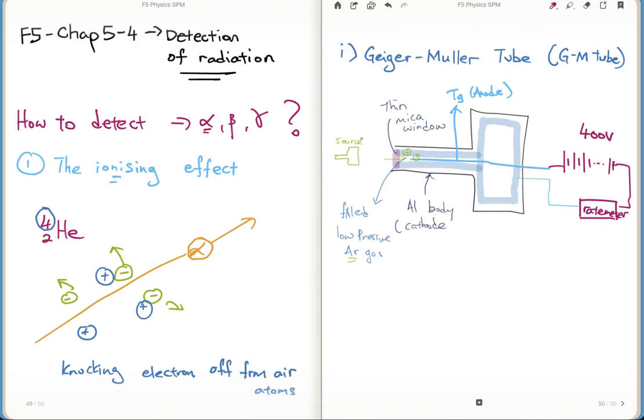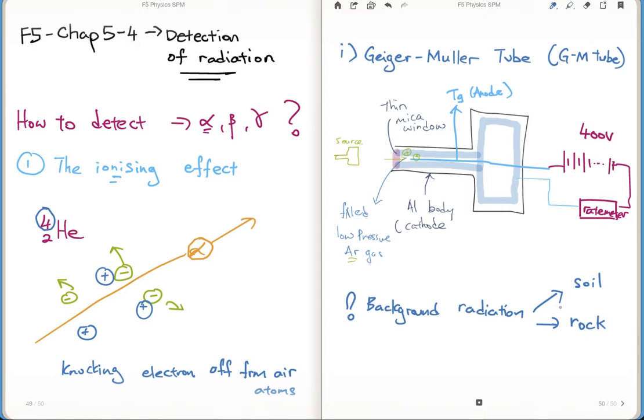So even without the source, initially you need to calibrate it. Before you start off the Geiger-Muller, the first thing you need to do is measure the background radiation, so that it will not interfere with your reading. Background radiation is actually around us, and you can get it from the soil or perhaps from the rock.